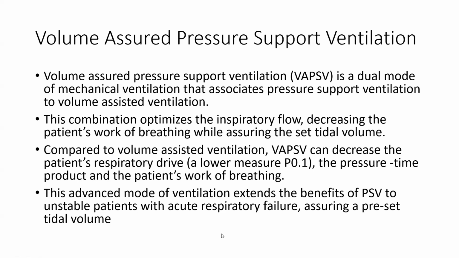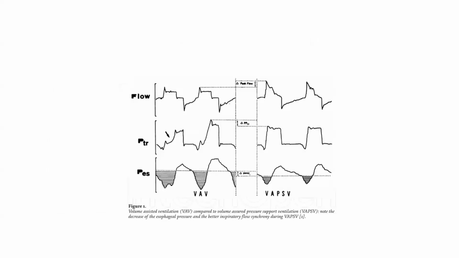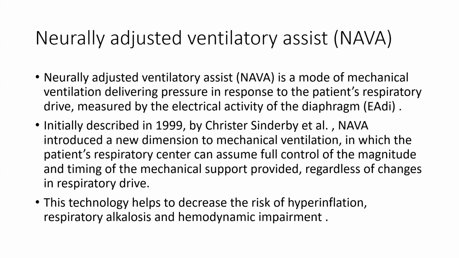Compared to volume assisted ventilation, volume assured pressure support ventilation can decrease the patient's respiratory drive, the pressure-time product, and the patient's work of breathing. This advanced mode of ventilation extends the benefit of PSV to unstable patients with acute respiratory failure, assuring a pre-set tidal volume. This is the graph of volume assisted ventilation.